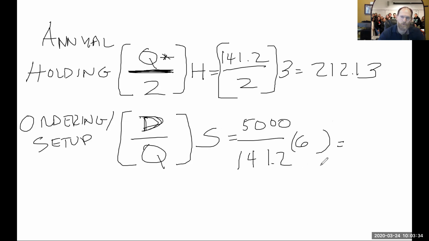Now, this is very important, what's about to happen. And this is corny. I had this idea that I would kind of ask you as if I was asking you. But I want you to think about right now, all of you, what should this number look like that we're about to get? Well, remember the purpose of EOQ. We're trying to balance annual holding costs with ordering and setup costs. So this number here should be the same as down here.